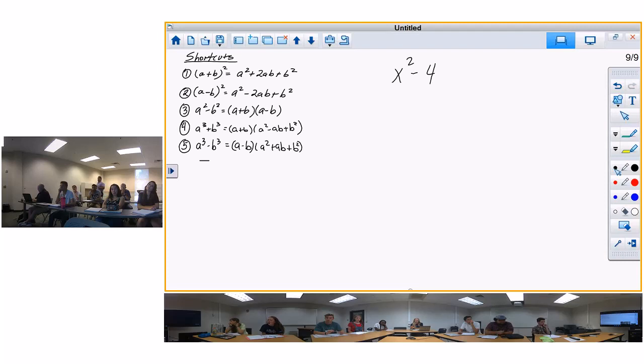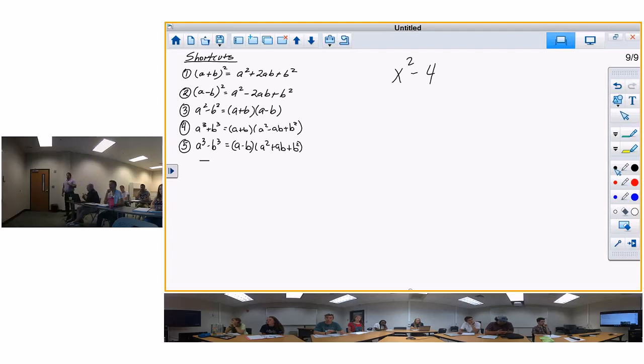So you knock it down from 4 and 5 to 1, 2, and 3. Which one initially on the left-hand side does not have parentheses? 1 and 2 have parentheses. So that narrows it down to 3. Shortcut number 3.